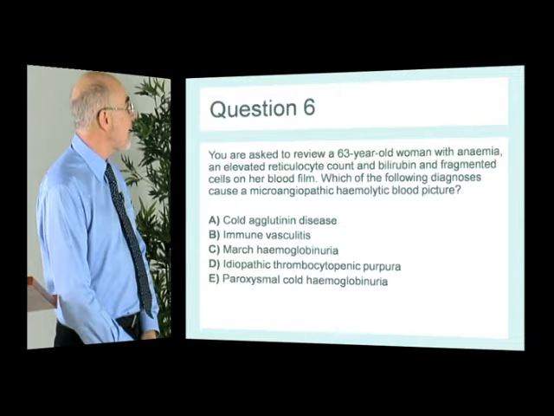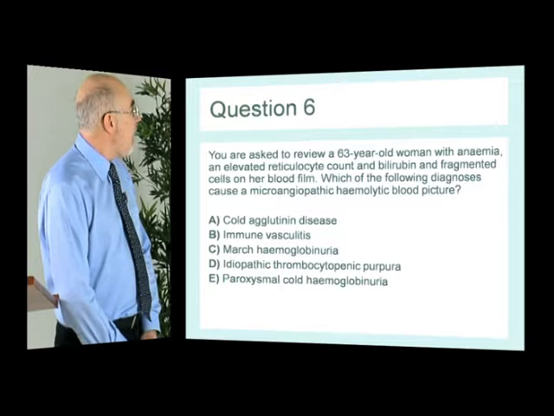So we have a lady with an elevated reticulocyte count, implying destruction or removal of red cells. We have fragmented red cells on her blood film, implying destruction by fibrin strands. Microangiopathic: small blood vessel, disease of.